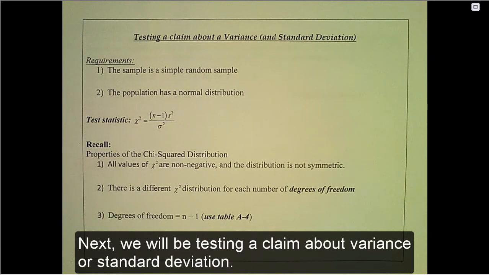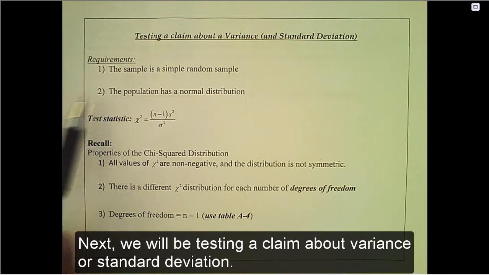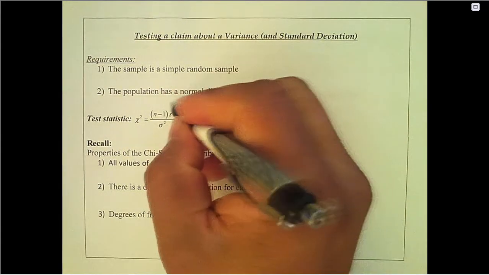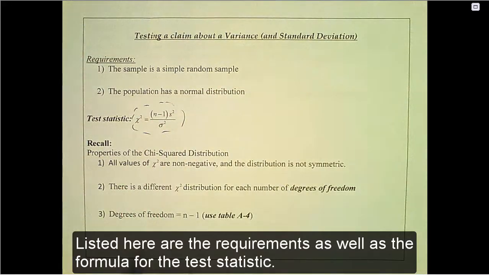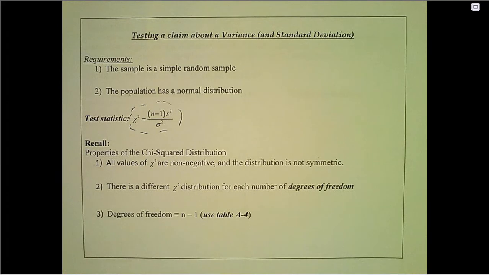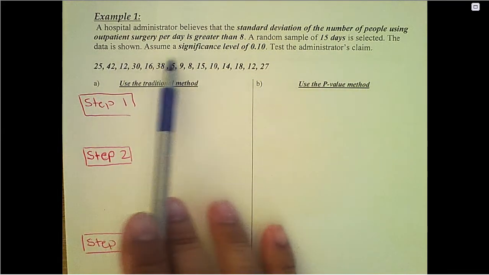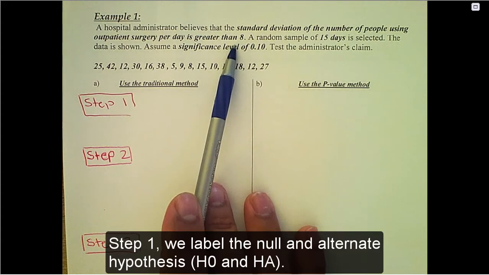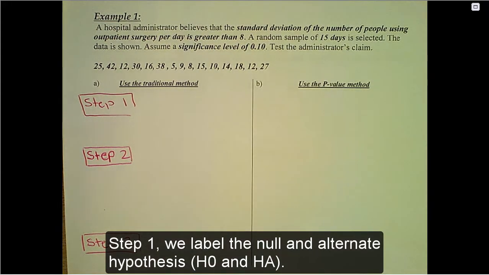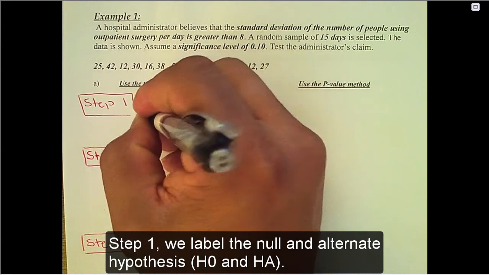Next, we will be testing a claim about variance or standard deviation. Listed here are the requirements as well as the formula for the test statistic. Step 1, we label the null and alternate hypothesis, H0 and HA.